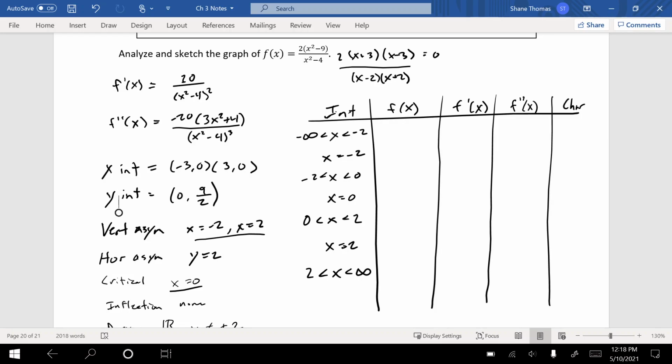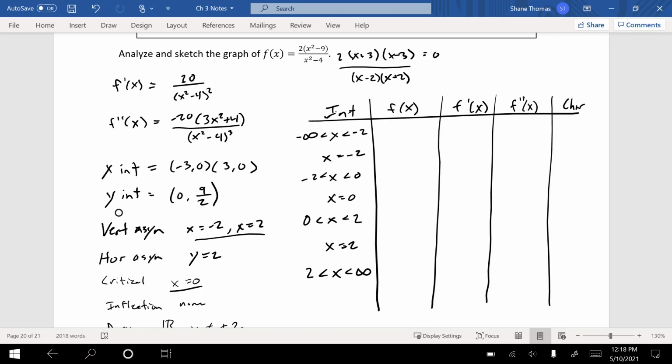All right, so I'm not worried about the intervals with the original function, okay? I'm only worried about the first derivative and the second derivative. So say I'd use the number negative 3. Put a negative 3 into f prime of x, I get a negative. F double prime, I get a negative.